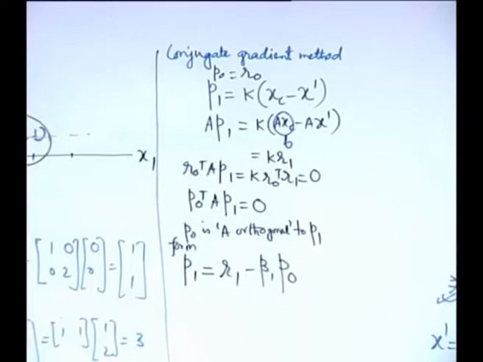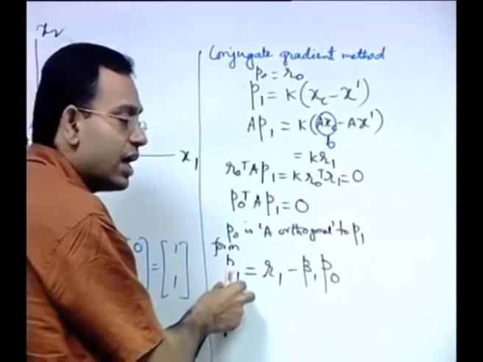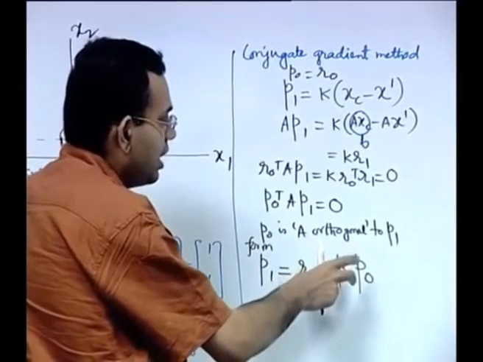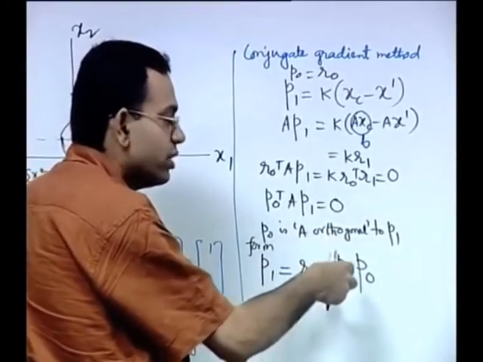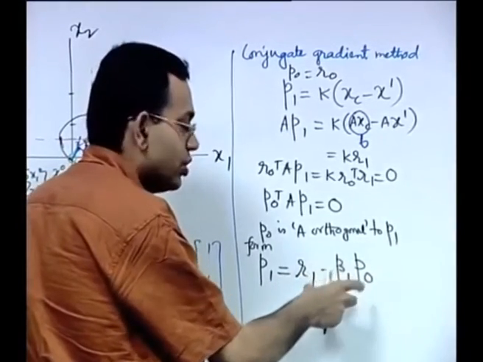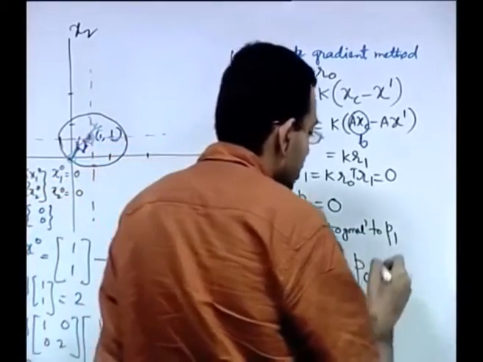So the whole purpose is that you are going to have a new direction. This new direction you can form by taking help of some known directions. Known directions till now are r0 and r1. r0 is the same as p0. So you make it a linear combination of these two, and this is known as Gram-Schmidt conjecture.